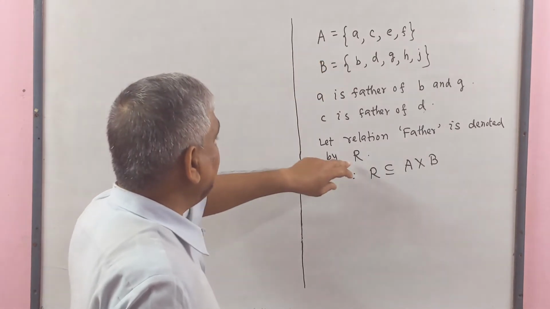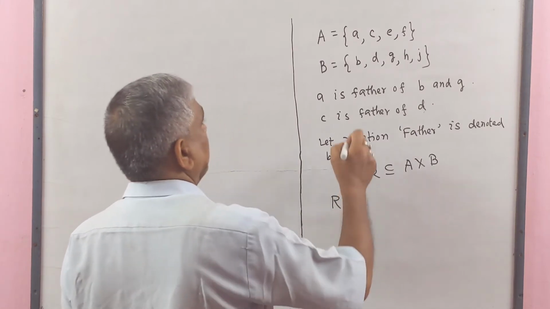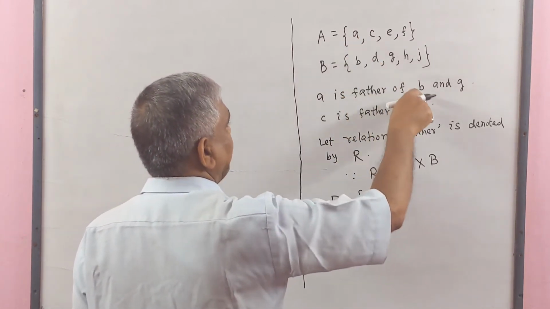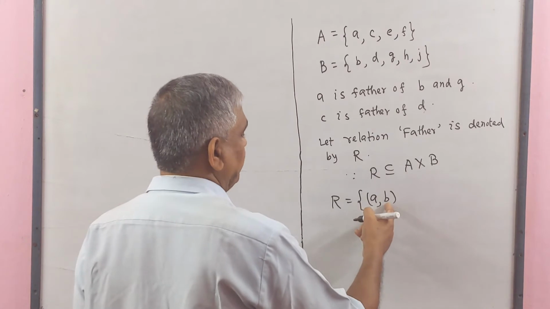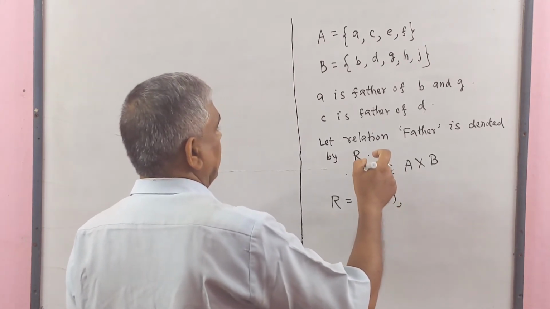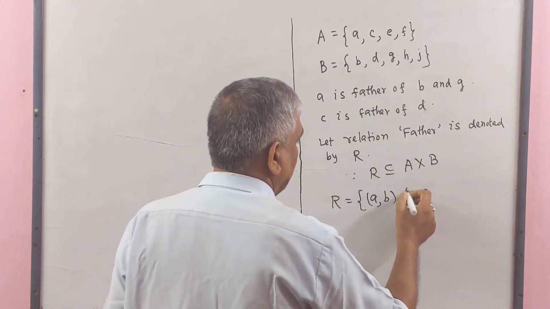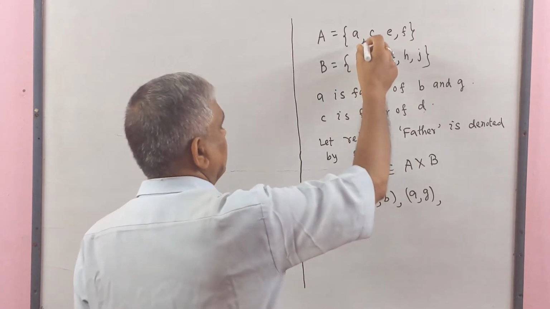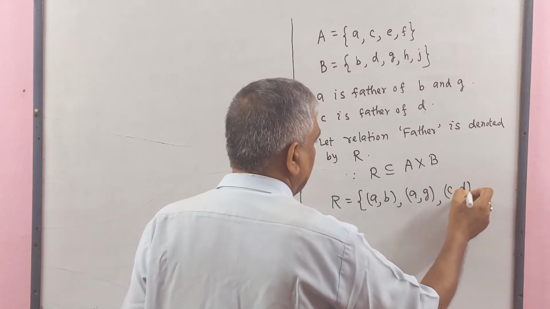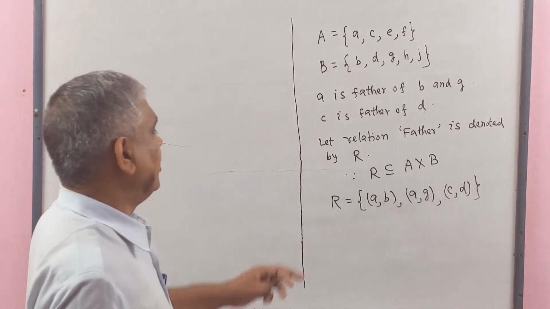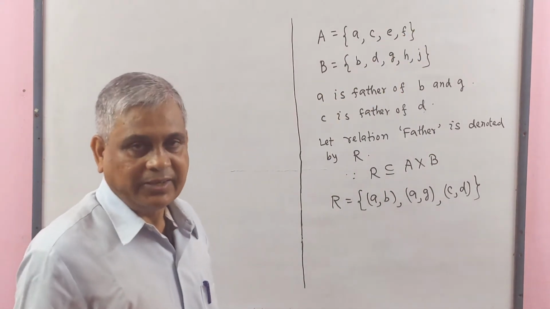Here we may write the relation father as A is father of B. Here A is father of B. A is father of G. C is father of D. And remaining elements may have any other relation.